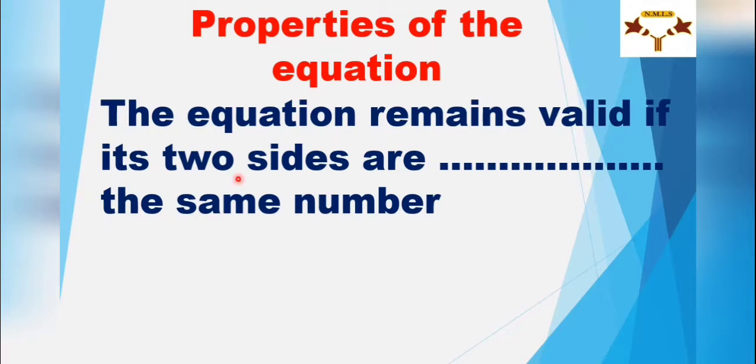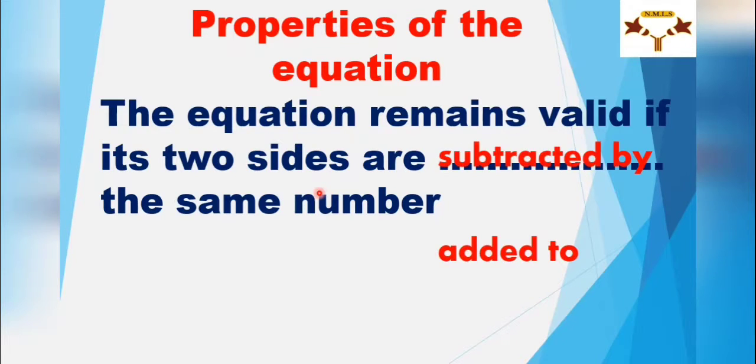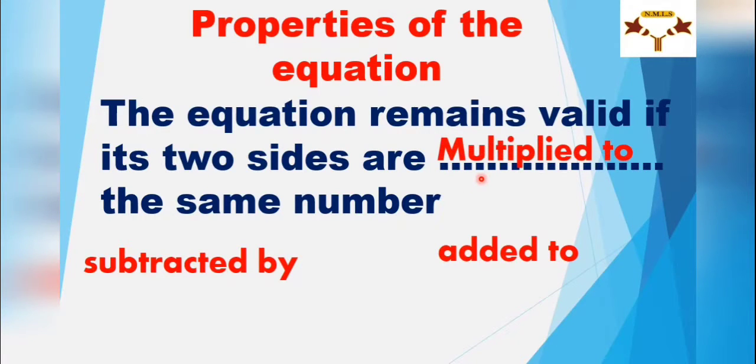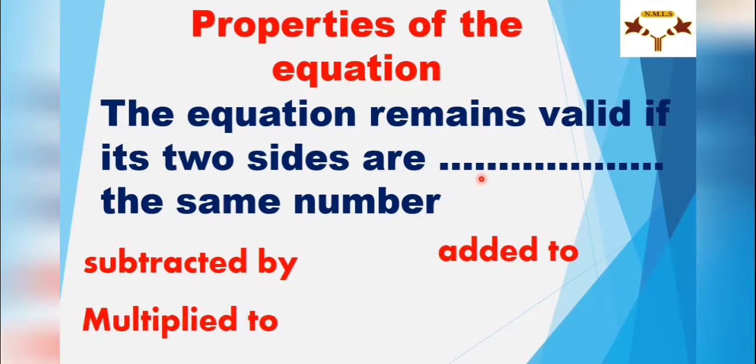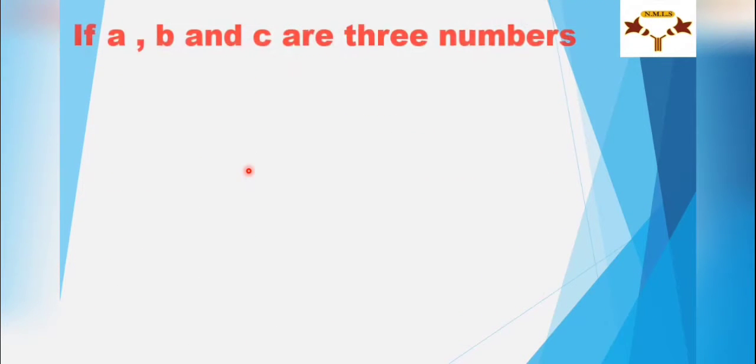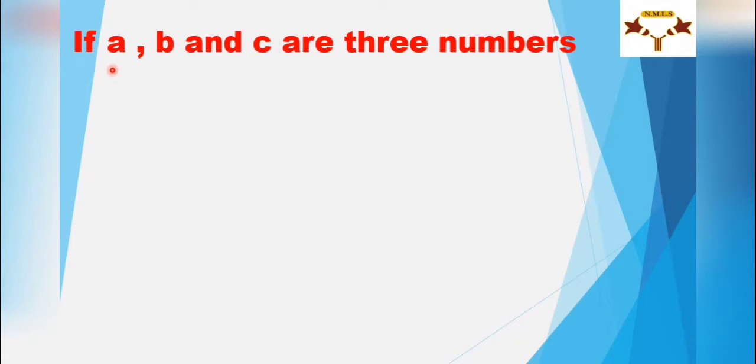The equation remains valid if the two sides are added to the same number or subtracted by the same number, or multiplied by the same number or divided by the same number.